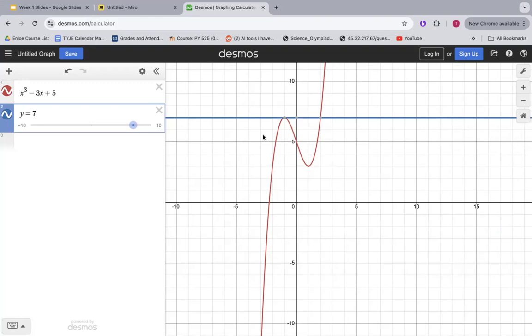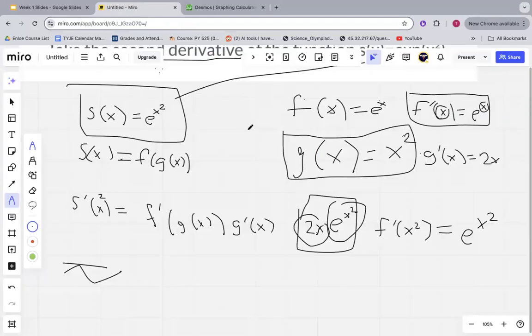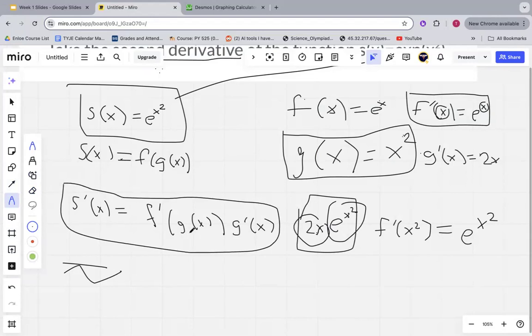Oh, oops. Someone asked why we have an extra g prime of x. Well, one of the exercises on the handout is to derive the chain rule, and if you really want to figure that out, you can derive it. But the easy answer, and the answer that's relevant for physics, is that the chain rule tells us we have to multiply by g prime of x.